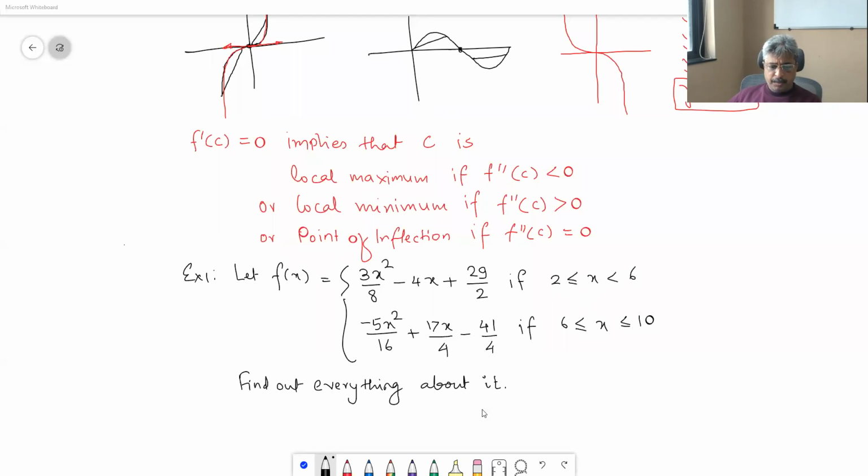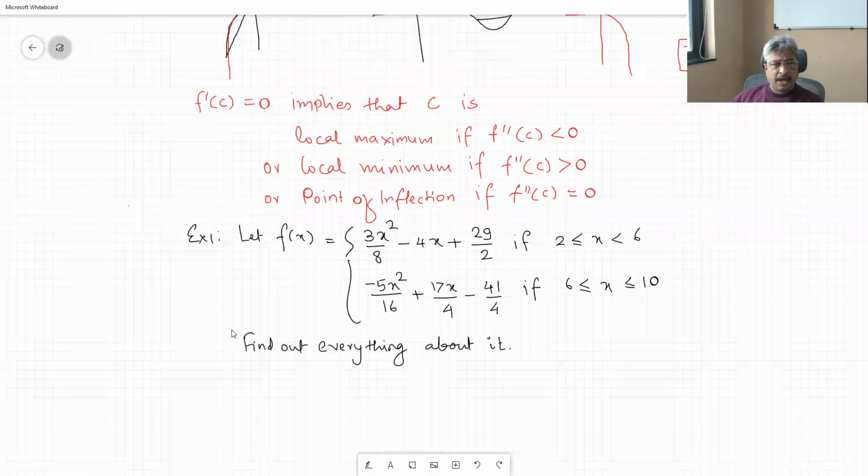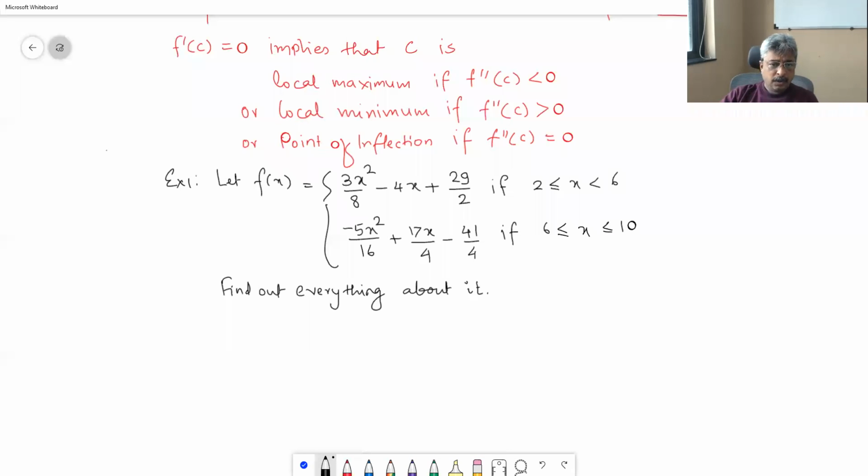So in this particular example, what are the findings? The findings are as follows. Number one, at x equal to 6, if you substitute the value 6 in the first expression and 6 in the second expression, f of 6 happens to be the same, and hence it is continuous. f of x is continuous over 2 comma 10.